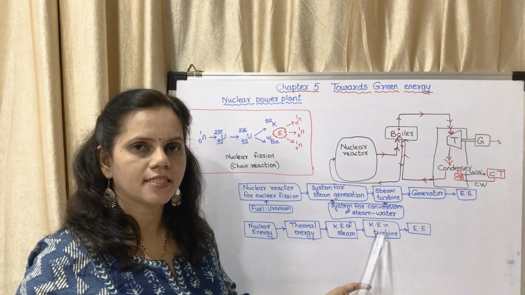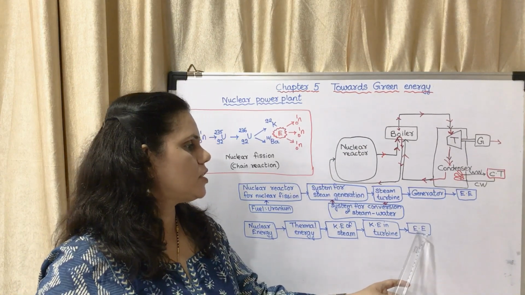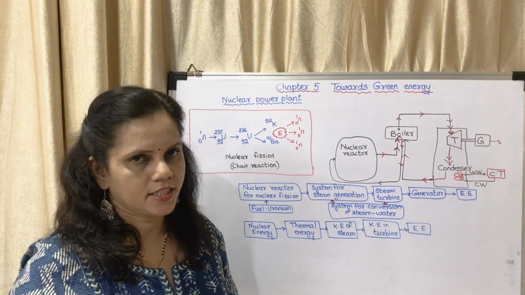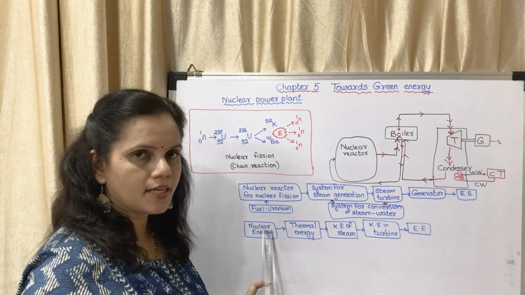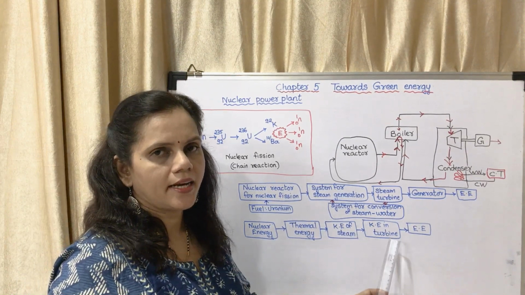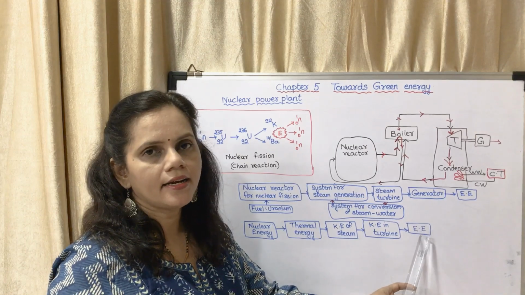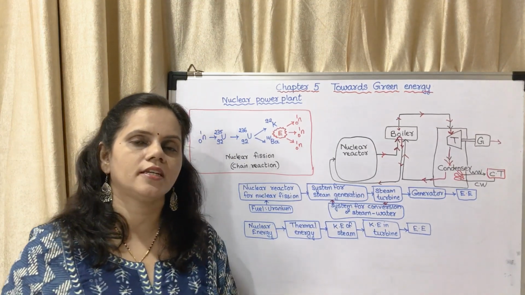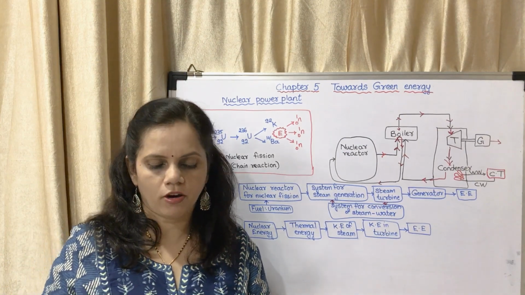So kinetic energy in turbine, which is used to rotate the generator. That means electrical energy in generator. So nuclear energy, thermal energy, kinetic energy of steam, kinetic energy in turbine, and electrical energy. These are the energy transformations in case of nuclear power plant.